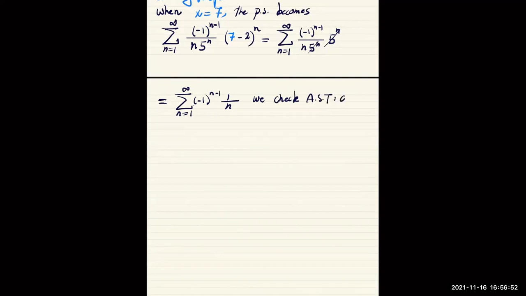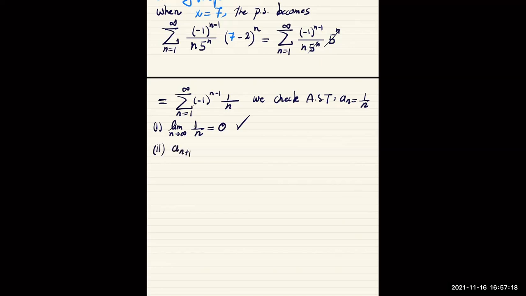All right, so here a sub n is 1 over n, and you just have to check the two requirements. The limit as n goes to infinity of 1 over n is equal to 0. That checks out. And then you can check whether this sequence 1 over n is decreasing. We've already done all of that. But look at that.